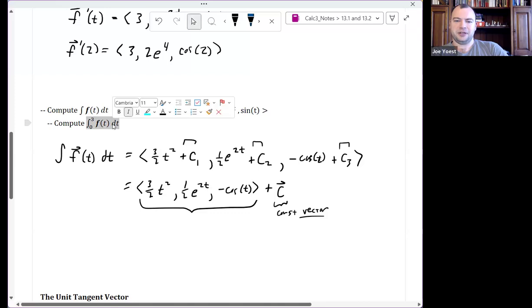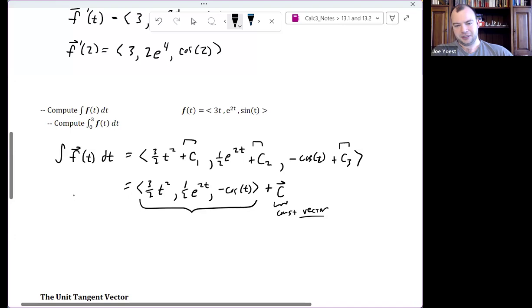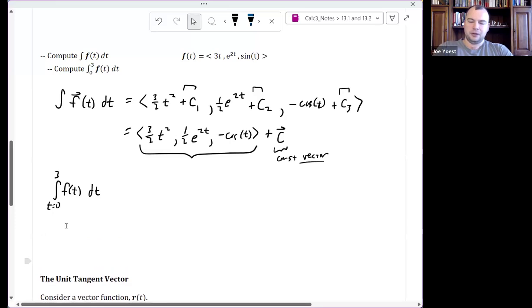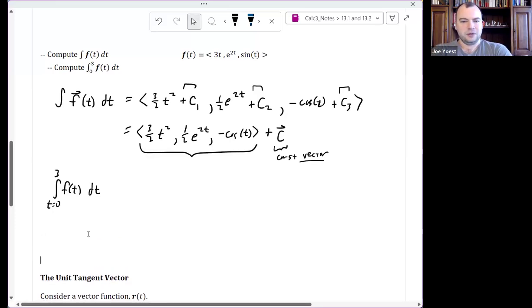What if I want to compute a definite integral, something like the integral from t equals 0 to 3 of f of t dt? Well, what would I do here?